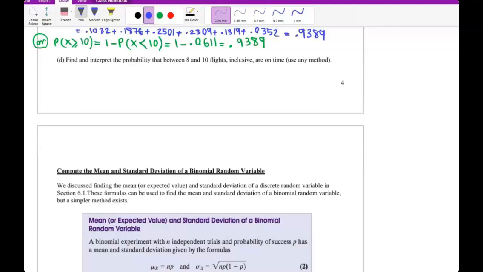Part B, find and interpret the probability that it is between 8 and 10 flights. So it is between 8 and 10.